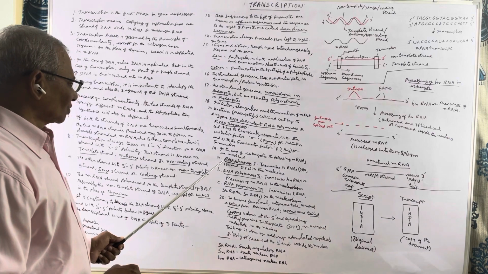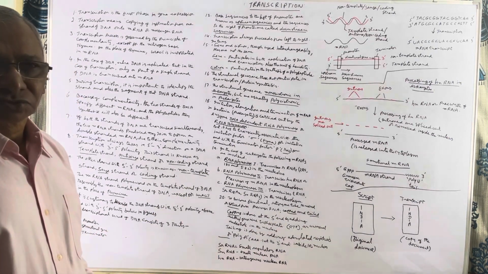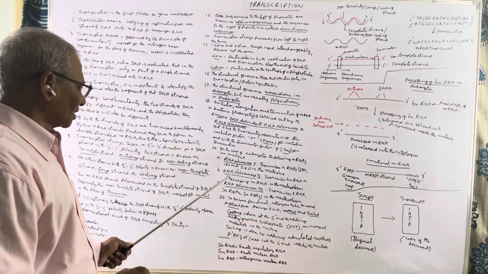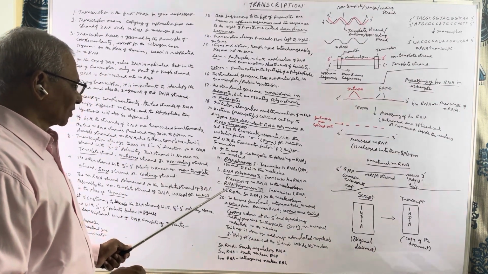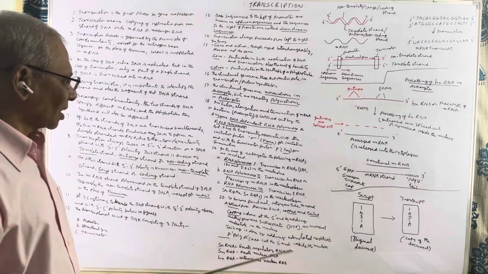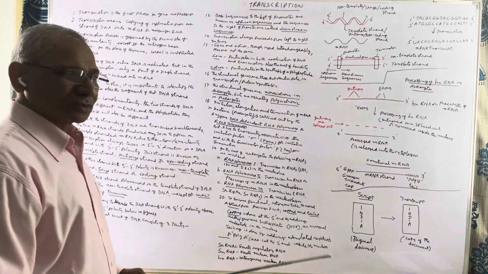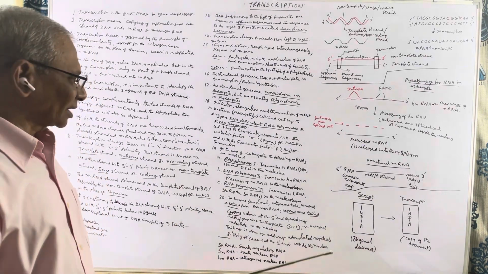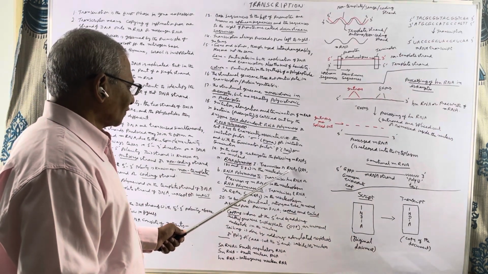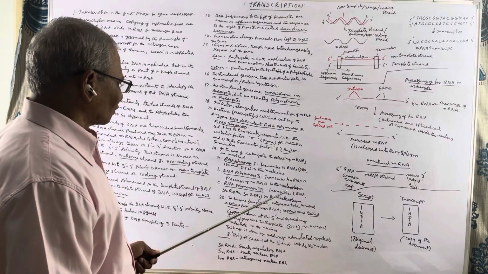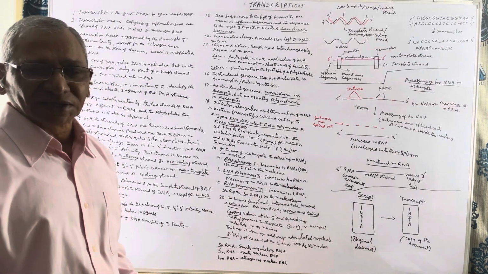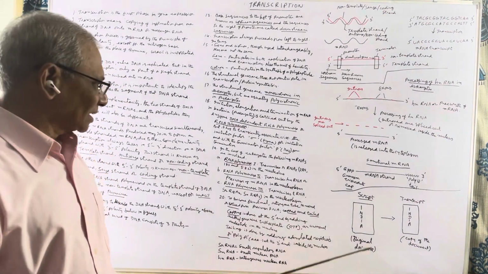Then coming to eukaryotes. In eukaryotes, 3 types of RNA polymerases are present. They are RNA polymerase 1, RNA polymerase 2, RNA polymerase 3. RNA polymerase 1 transcribes rRNAs. R means ribosomal RNA.